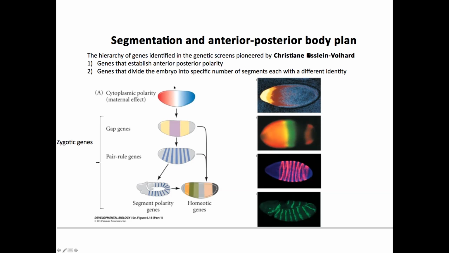Essentially the abdomen. So, if there is a mutation in bicoid, all the head structures will be lost. A bit of the abdomen will also be lost, but certain structures of the abdomen are still formed.